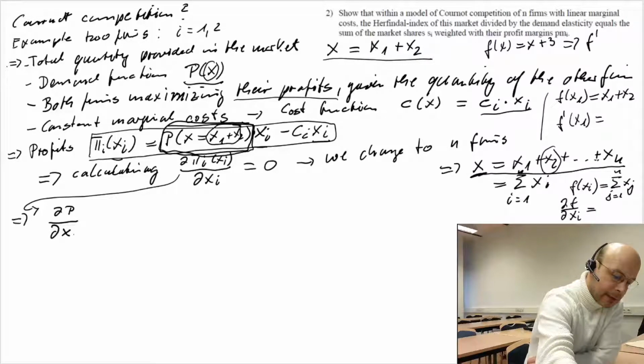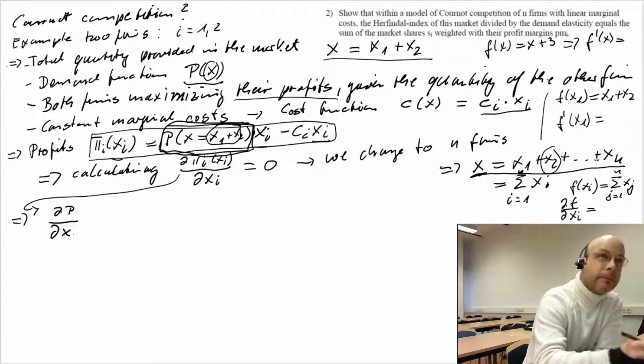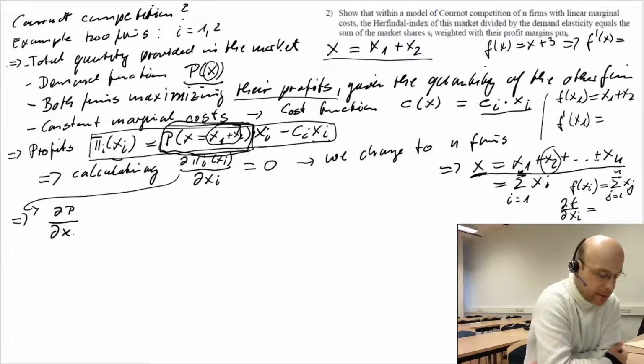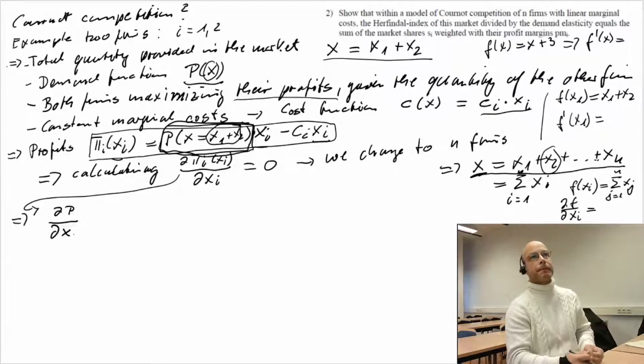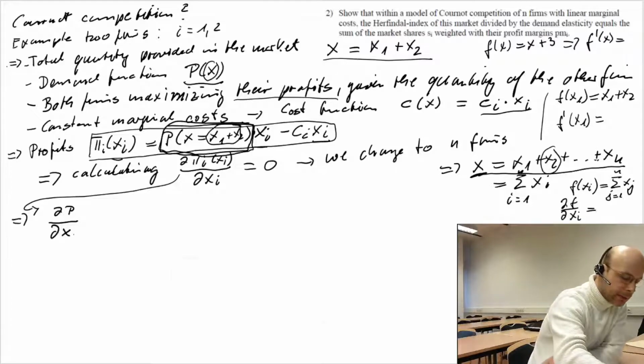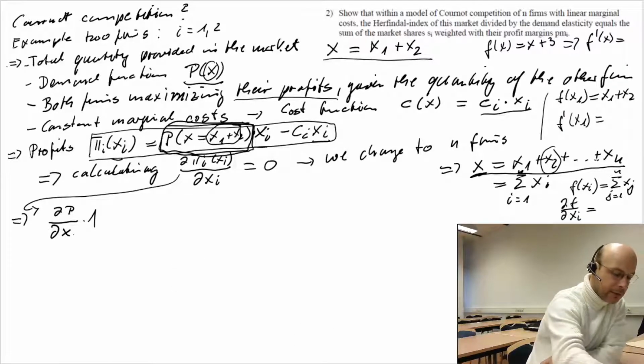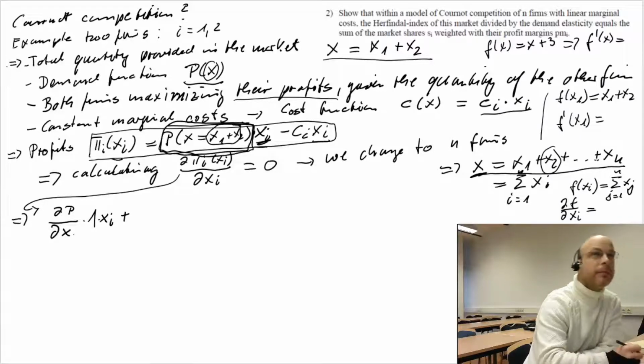Then f prime of x is, yes, definitely. So we can just skip this inner derivative since it is just a 1. And then we have, of course, to multiply with the other part, xi plus product rule.